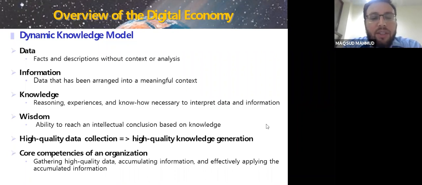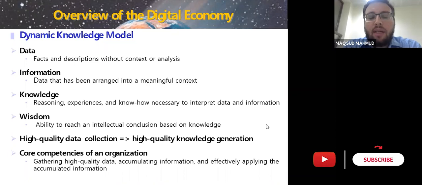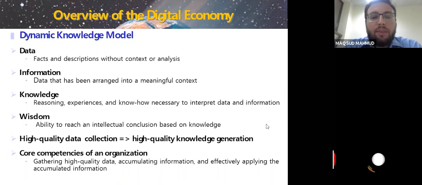Any organization which can gather high quality data becomes a giant in the market, a leader in the market. If the data is not organized, if the data is messy, they don't know about their customers, their employees, or their assets, whether computer assets, laptops, hardware, or software, so they are not competitive with other organizations.